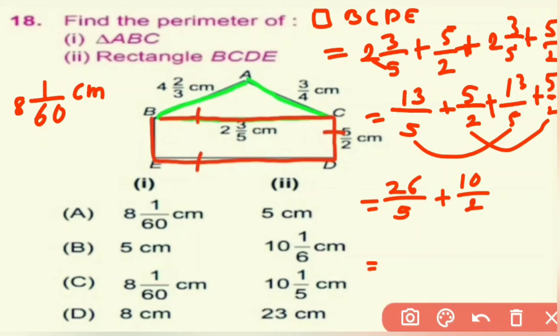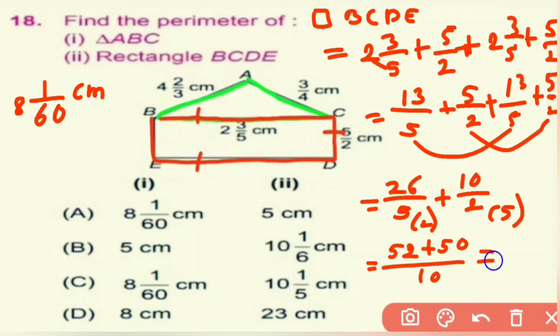So we make their denominators the same by finding the LCM. LCM is 10. So here we multiply by 2 and here by 5. 26 into 2 is 52 and 10 into 5 is 50. 50 by 10. And 52 plus 50 is 102 by 10.